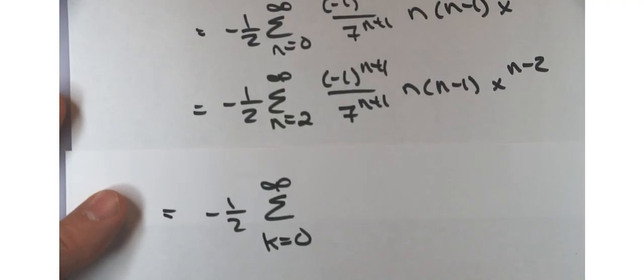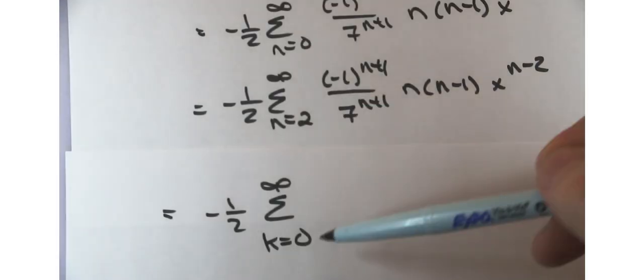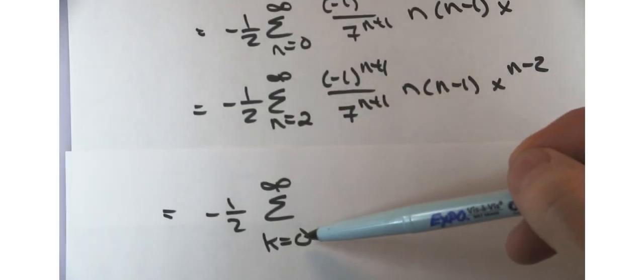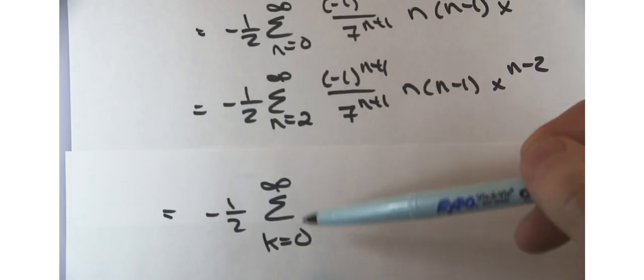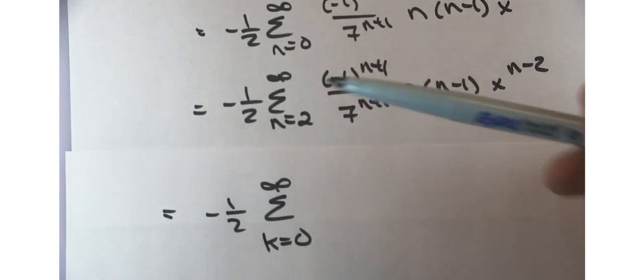But now I've got to understand the relationship between k and n. How do I get from k to n at the start here? Well, you have to take k and add 2, right? So k plus 2 equals n.